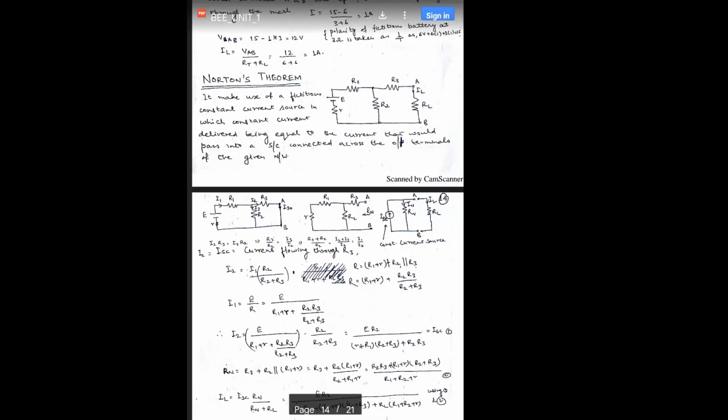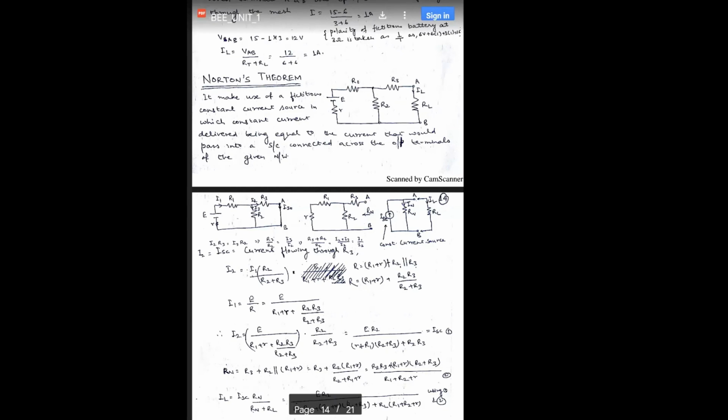So consider this network which is given, and in this network there is an EMF or voltage source, and if that voltage source has any internal resistance, then it is placed in series with it. But if it does not have any internal resistance, it is not placed.